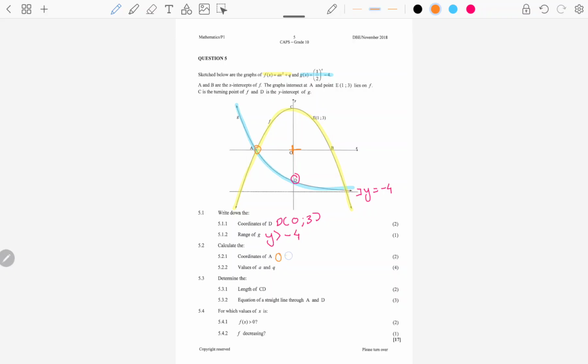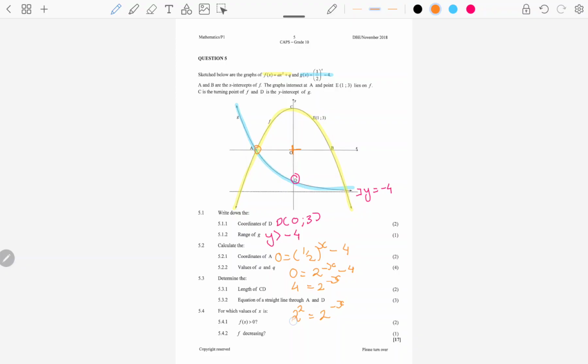So 0 will equal a half to the power of x minus 4. And we will convert the half to 2 to the power of minus x, minus 4. Therefore 4 is equal to 2 to the power of minus x. 4 is also equal to 2 to the power of 2, so 2 squared is equal to 2 to the power of minus x.